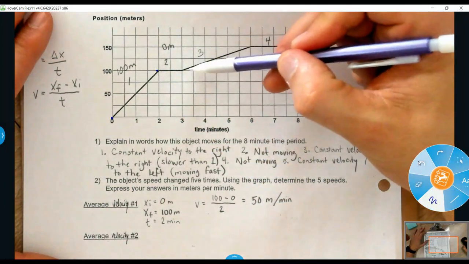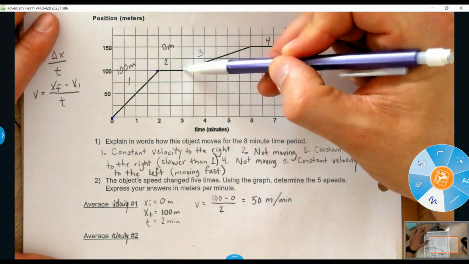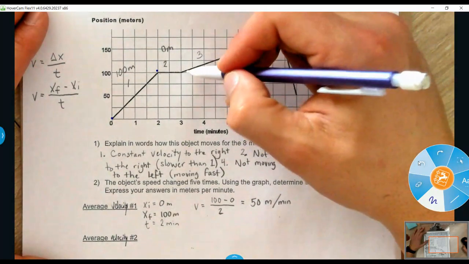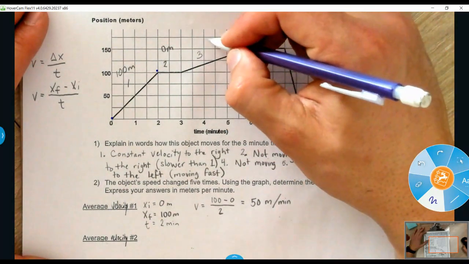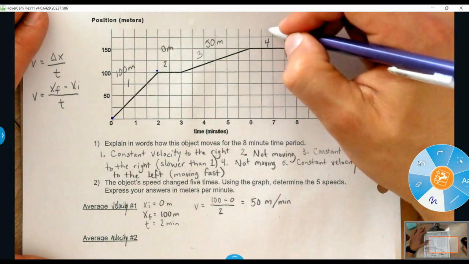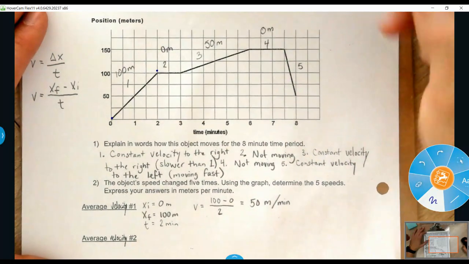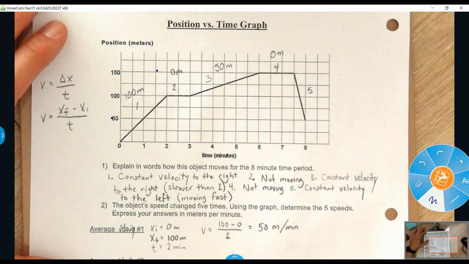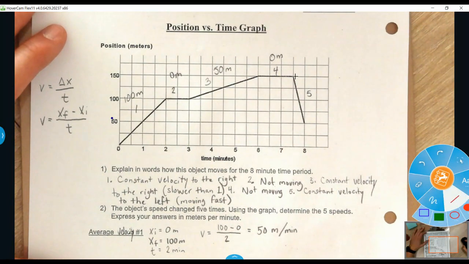What about line segment 3? You're at 100, and you go up to 150. So 100 to 150, how far? 50 meters. Line segment 4, we didn't move, so 0 meters. And what about 5? So line segment 5, we start at 150, and we end right there. And if we go across, that means we're at 50.